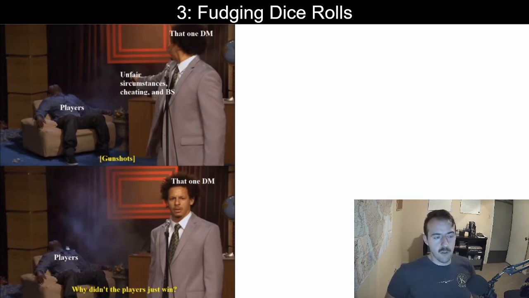And I think that rolling behind a DM screen is just as bad as a player rolling behind a wall and then not letting the Dungeon Master see it. I think everyone should roll out in the front in the open, and I think all dice rolls should be fair and called beforehand. And I think that helps a lot of players realize that the DM is not cheating and that they don't play by those silly rules, and no one else should either.